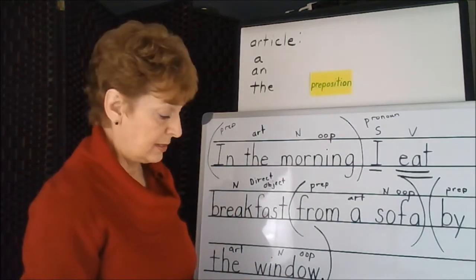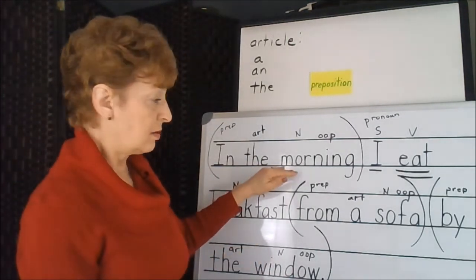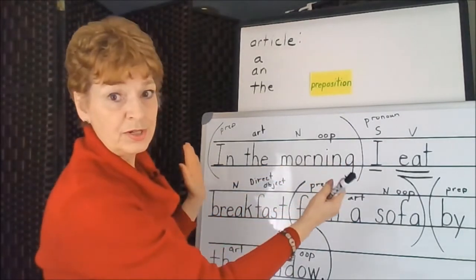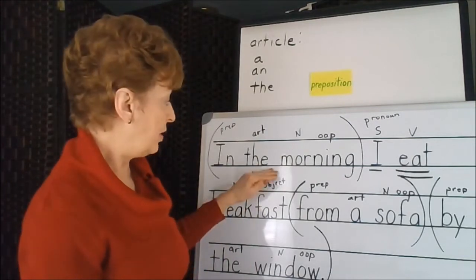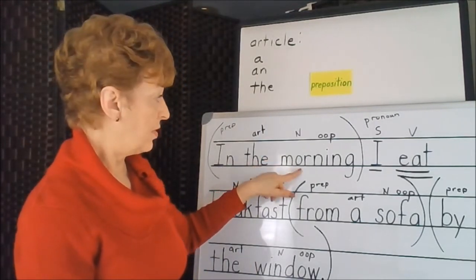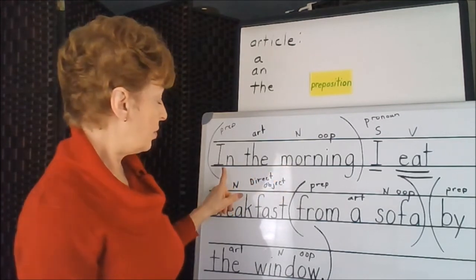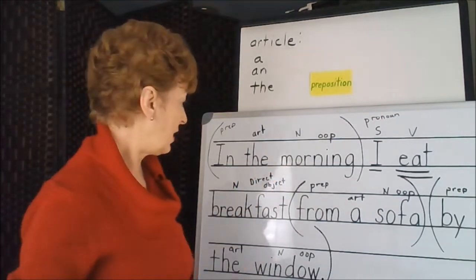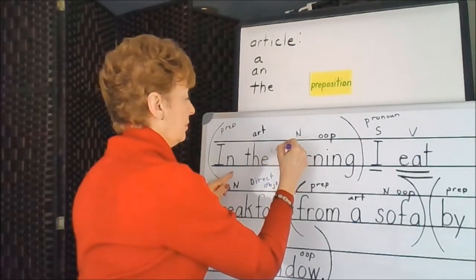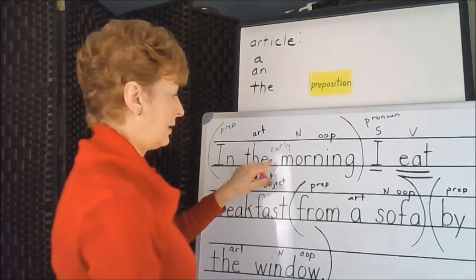Now, as promised, how can we make these prepositional phrases a little longer? They're usually 3 words or 2 words long, but you can make them longer by adding descriptive words before the nouns. So maybe you would say, in the early morning. That we've made that a little bit longer.